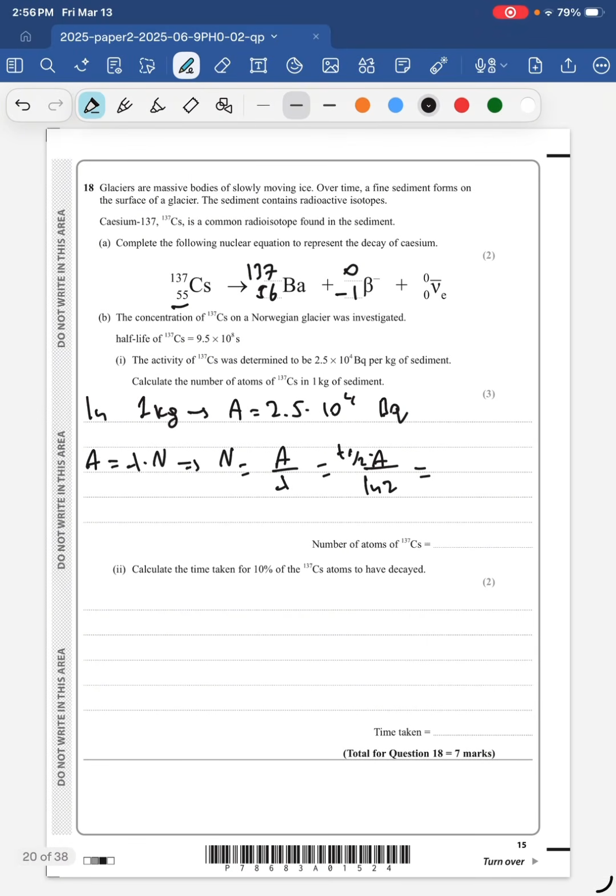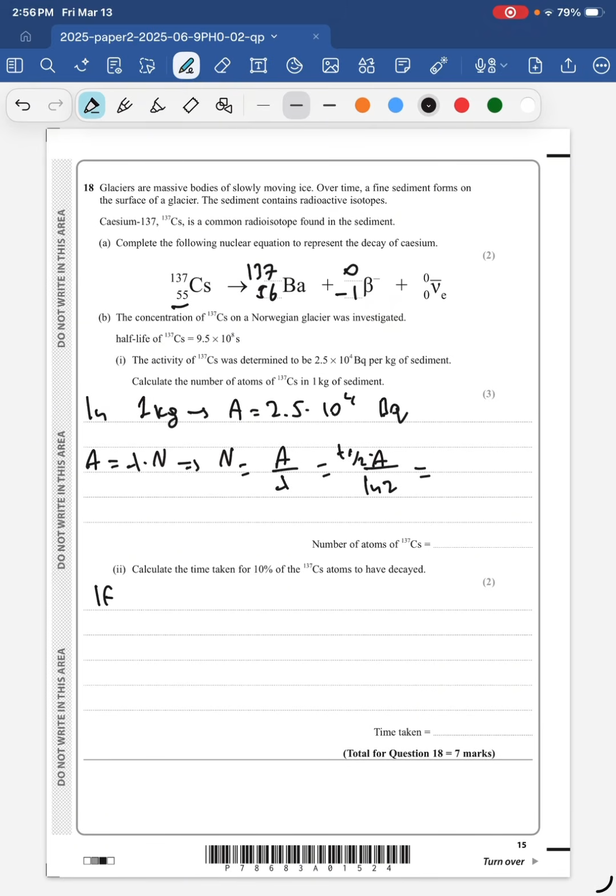Okay, I haven't checked this. Let me check the mark scheme. This is question 18, and I do have the mark scheme, but I rarely check it. Okay, that's correct.